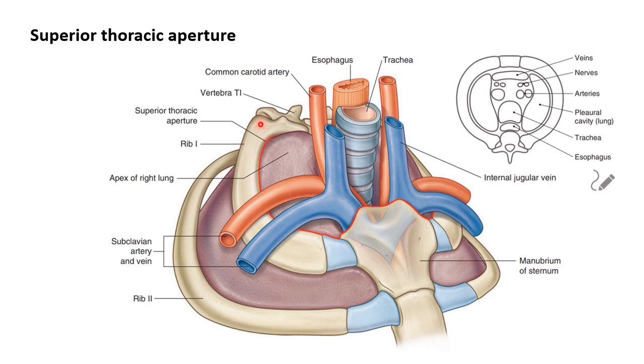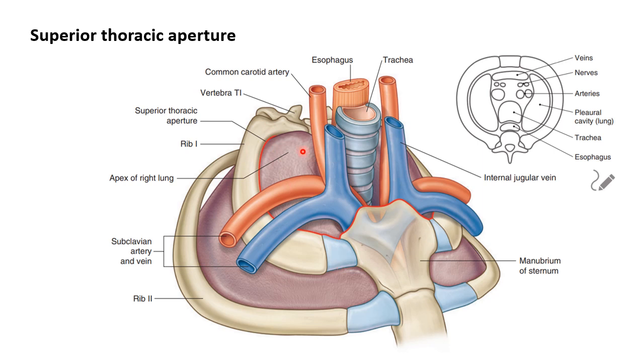The plane of the superior thoracic aperture is not straight, not horizontal; it is oblique. It has an obliquity because the first rib lies in an oblique plane, from its articulation with the first thoracic vertebra posteriorly to its articulation anteriorly with the manubrium sterni through the costal cartilages, which we will take later on.